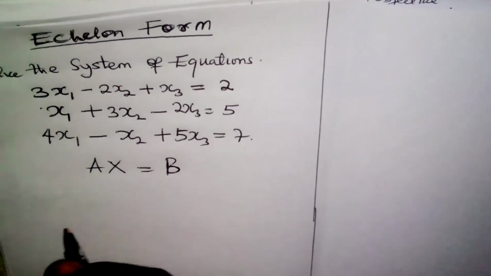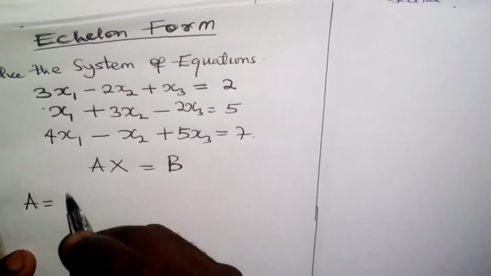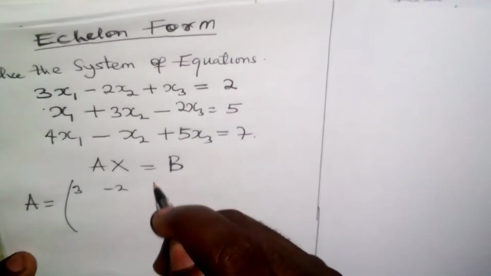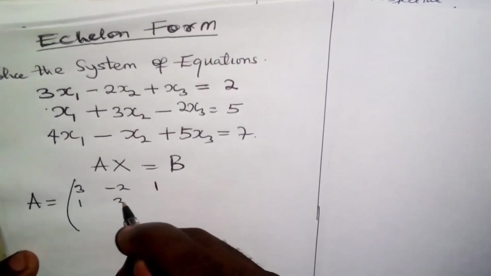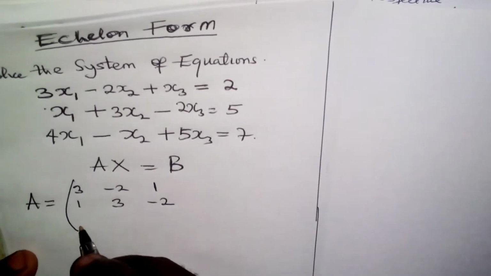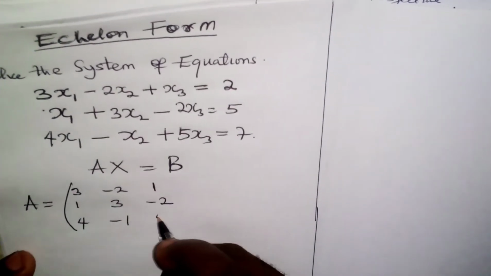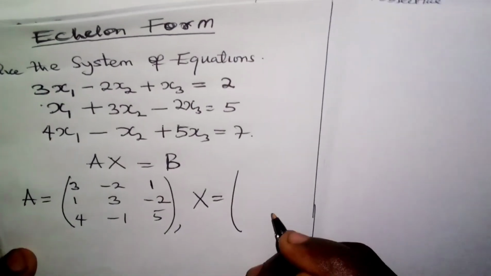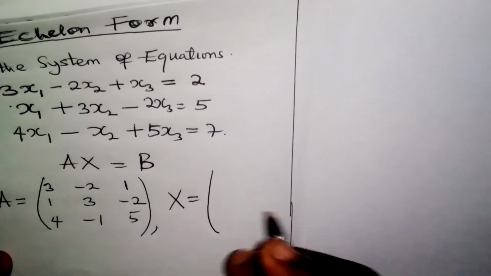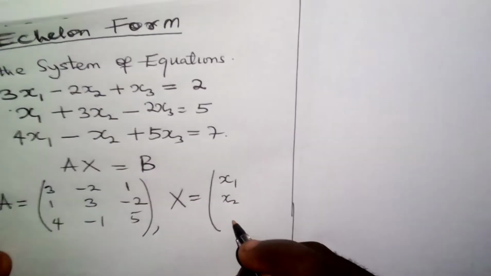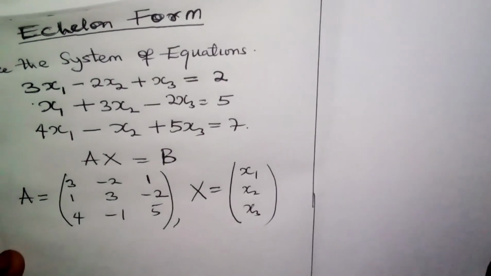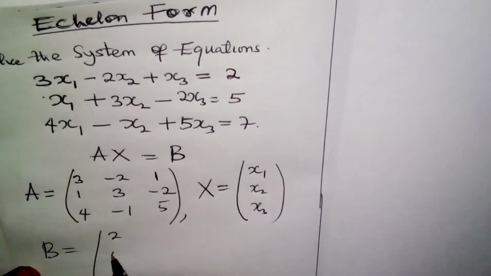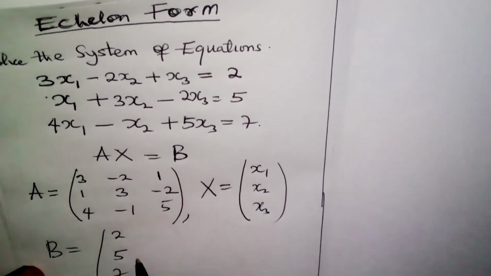Now, our A from this problem will give us 3, minus 2, 1, 1, 3, minus 2, 4, minus 1, 5. Then we have x, which is our unknown, and our unknowns here will be x1, x2, x3. Then our b will be 2, 5, and 7.